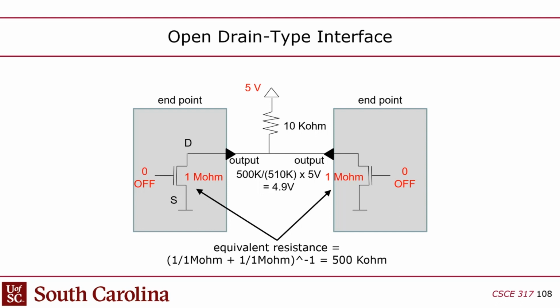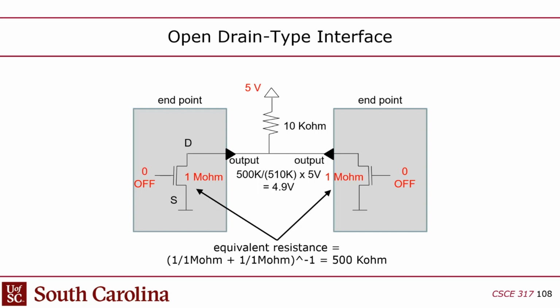Now, you are going to sink some current through this resistor, and that will cause the voltage to drop slightly. What you end up with is essentially a voltage divider, where on one side you've got 10 kiloohms, and on the other side you have, in this case, two 1 megaohm off resistances in parallel, which is 500 kiloohms. So you'll get about a 10 millivolt drop here. You'll never get it quite all the way up, but it'll still be high enough that it'll be interpreted as a 1.